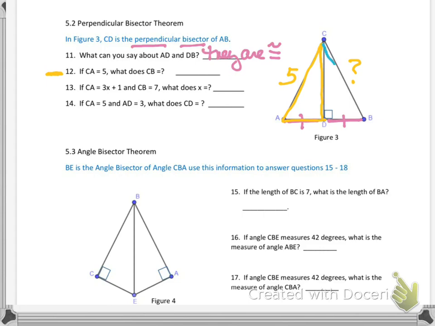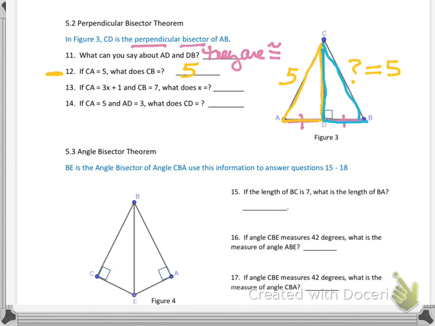And here's the second triangle. If they're congruent, what do I know? Well, what I know is that the sides, 5 and question mark, will be the same value. So if I have a perpendicular bisector, then if CA is 5, then CB is also 5. So that's what I know happens when I have a perpendicular bisector.